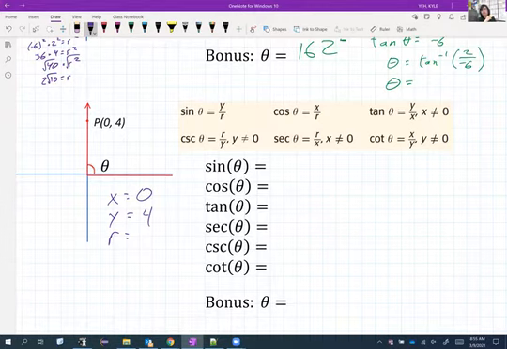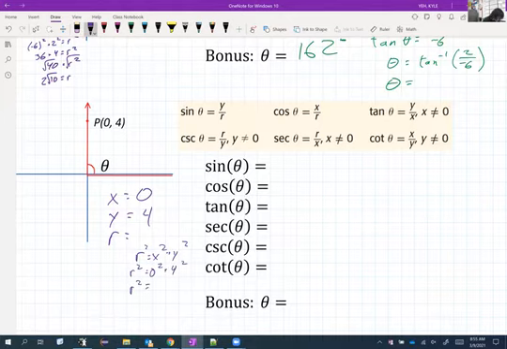And this is where the coordinate plane gives us a little more power. It's not all about the hypotenuse, okay? Remember, r squared is defined as x squared plus y squared. r squared equals 0 squared plus 4 squared. r squared equals 16, r equals 4.